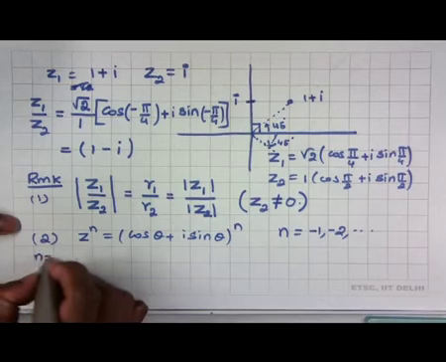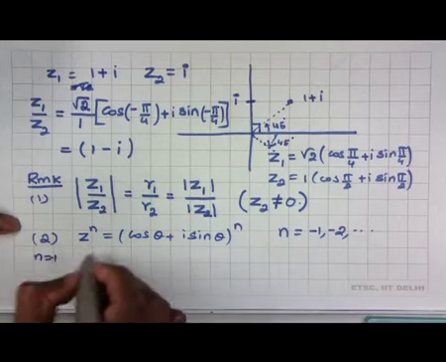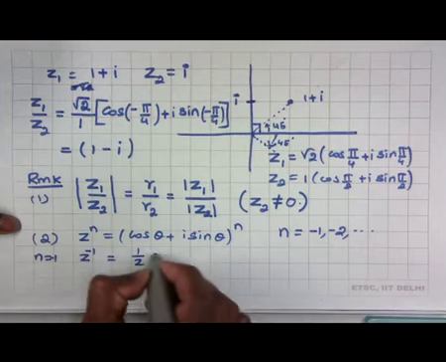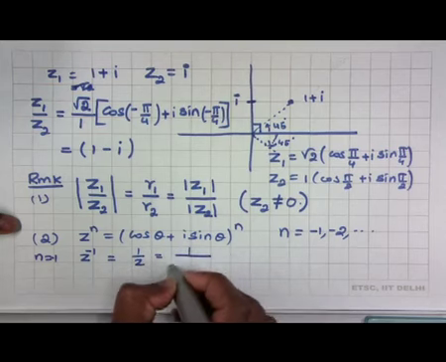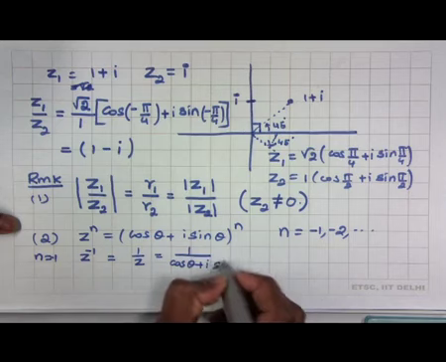Take n equal to minus 1. It means that z power minus 1 is 1 by z, which means that you divide by cos theta plus I sin theta.